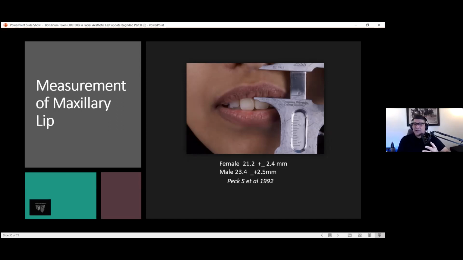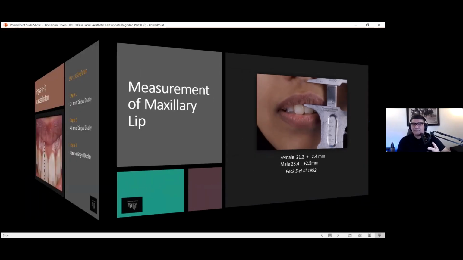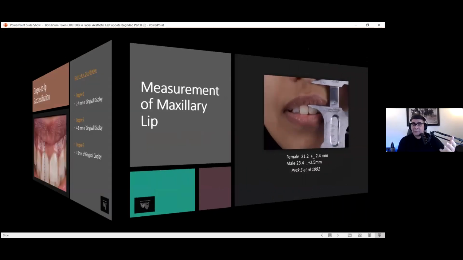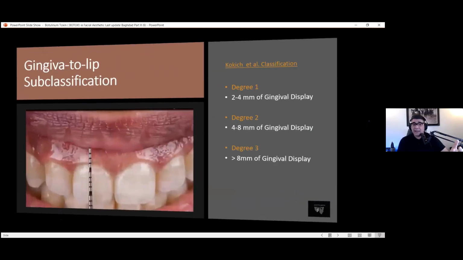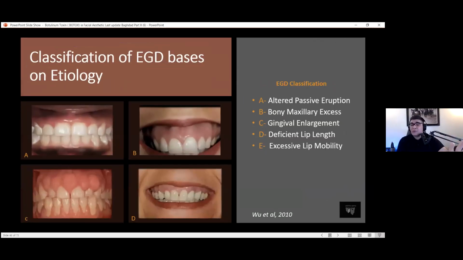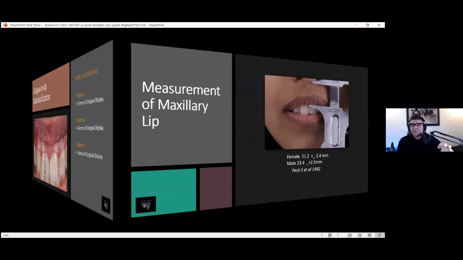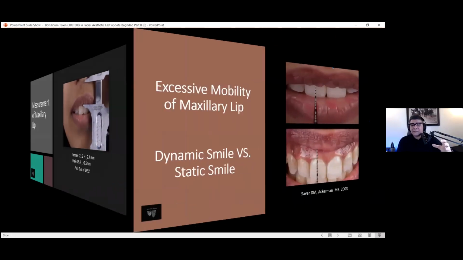So first of all, I have to classify the degree of the gingival display. I have to diagnose which kind of deformity is in my patient's gingival display. So all these factors are very important.